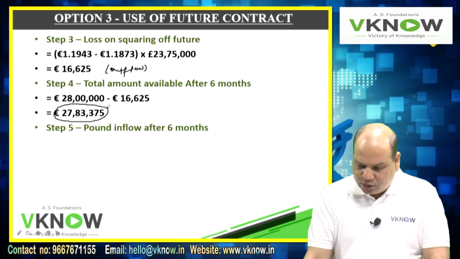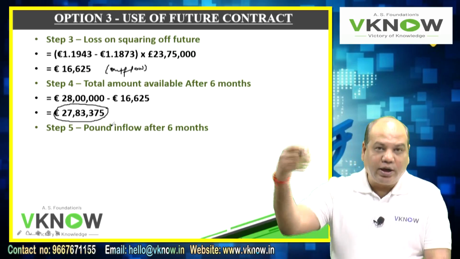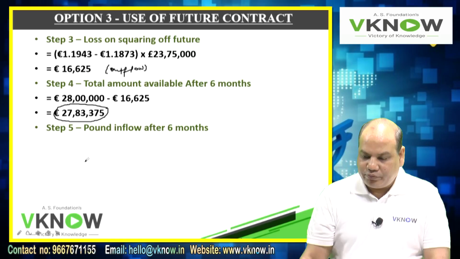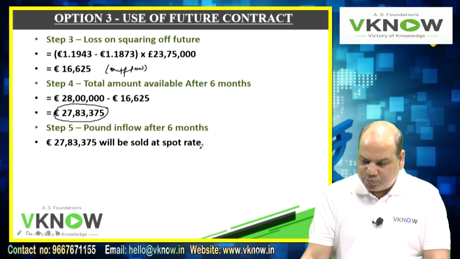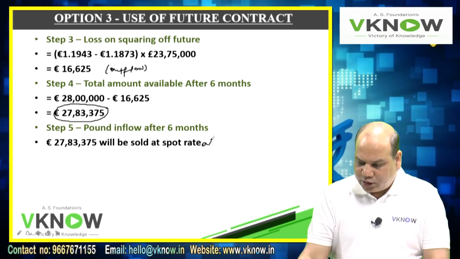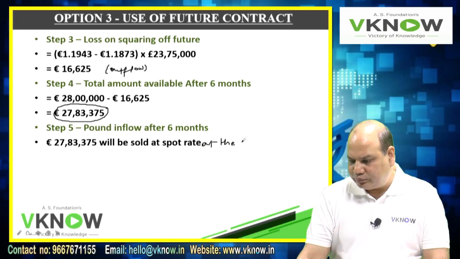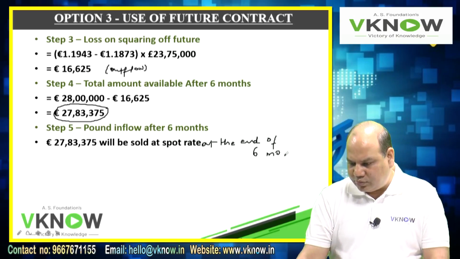Step 5, pound inflow after 6 months. These euros I will convert into pound at spot rate at the end of 6 months. So write a note, euro 27,83,375 will be sold at the spot rate at the end of 6 months.